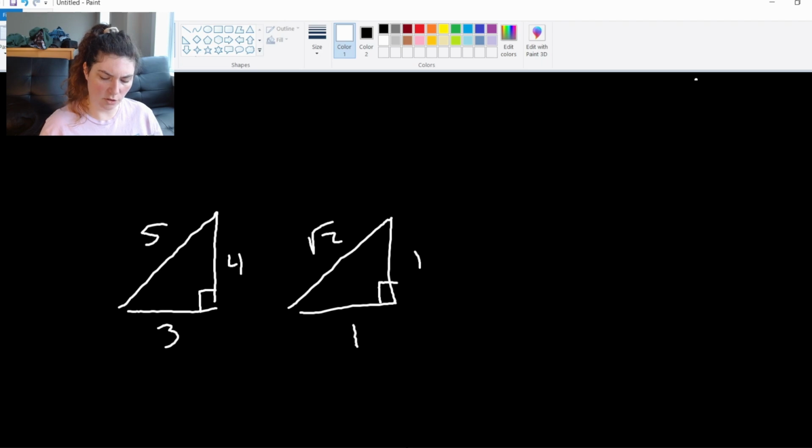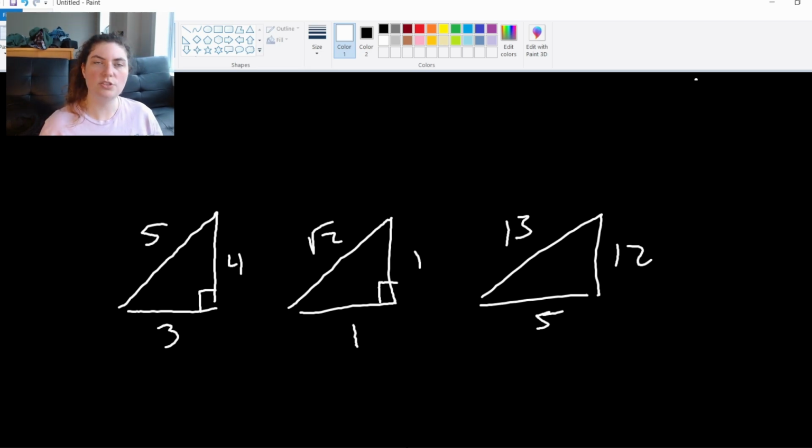And you'll also see the 5, 12, and 13 triangle come up quite a bit. So these are standard triangles. They always have these. You don't need to worry about angles. Sometimes students will see this 5, 12, and they won't know this is 13.